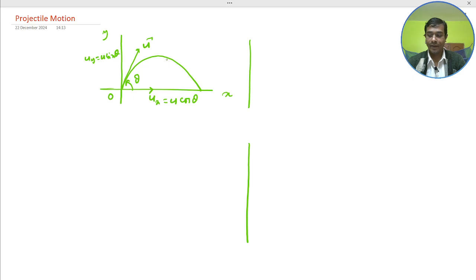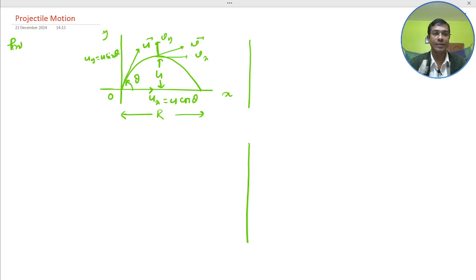So here at this point, suppose velocity v, this is the vx and this is the vy, and this is the h max height, and this is the r range, and this is called the projectile trajectory.